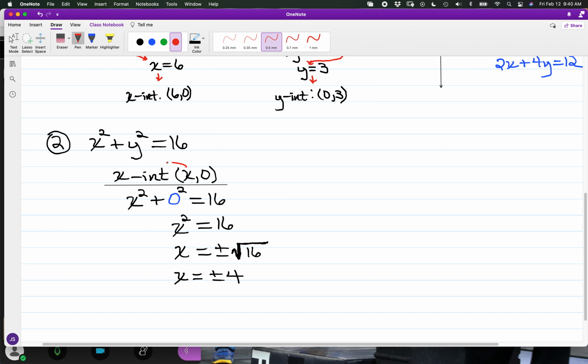And so with the values of x attained, we have two x-intercepts, where we have (4, 0) as well as (-4, 0).